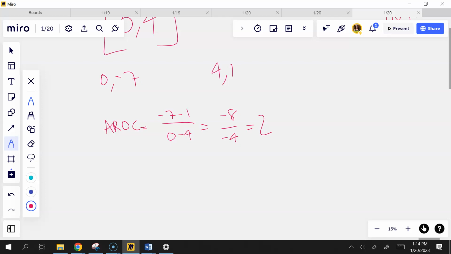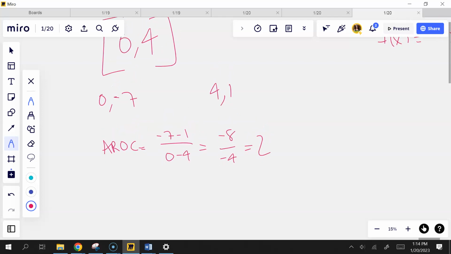I'm not arguing with anybody anymore because I'm probably the one that's wrong today. I got -7 over 4. Yes, it's -7. It's -7 minus 1, let's just solve it. Or you could have done it the other way.